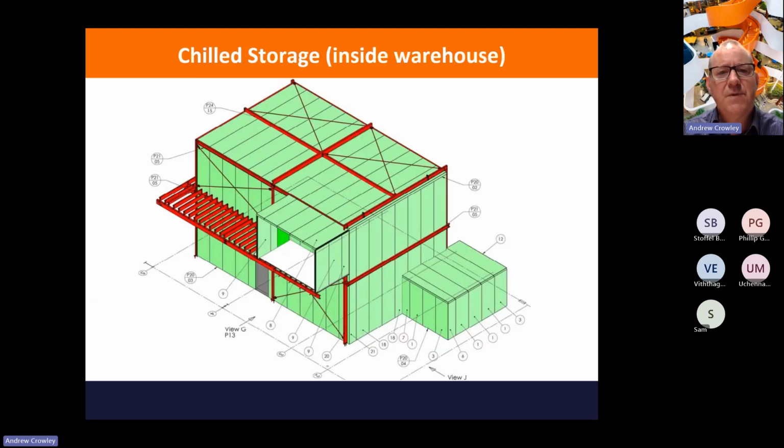Inside the warehouse, there was a chilled storage area, and this is again a typical arrangement with, here we can see the panels spanning from floor to the ceiling of the chilled storage area, and we have some girts to support it. In this case, the structure was all on the outside of the room.